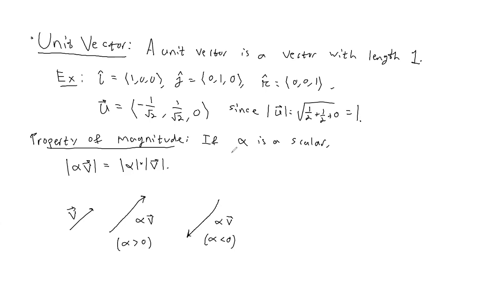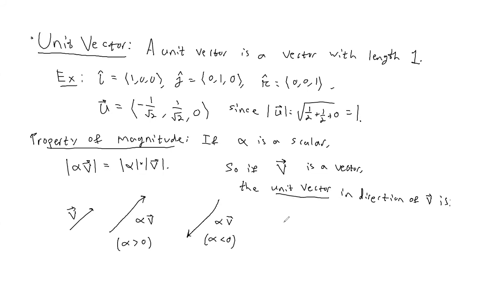What that tells you in particular is this: if v is some vector, then the unit vector in the direction of v is no more, no less than v multiplied by 1 over its own magnitude.